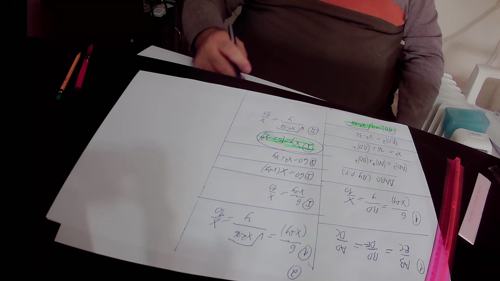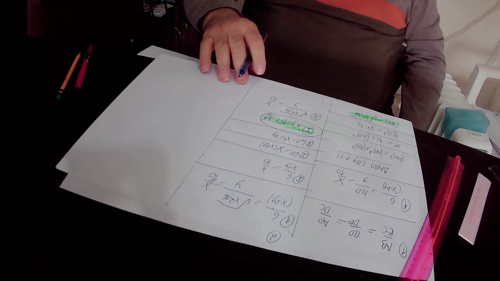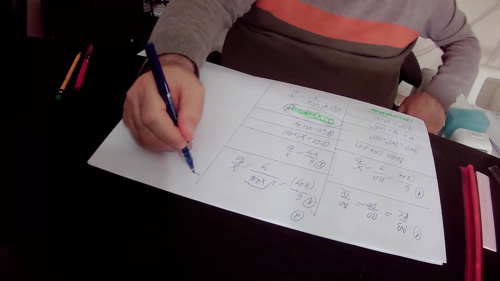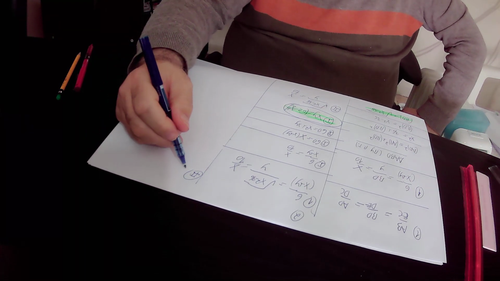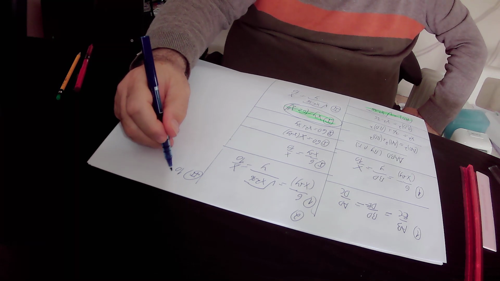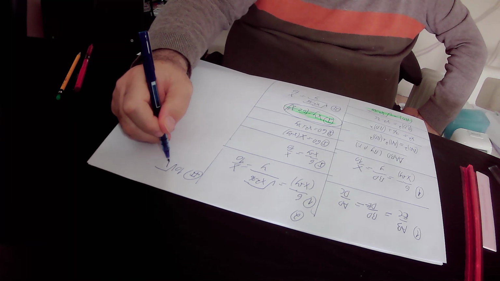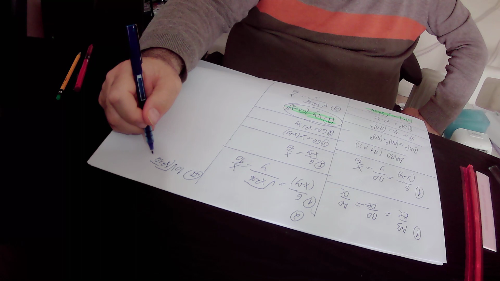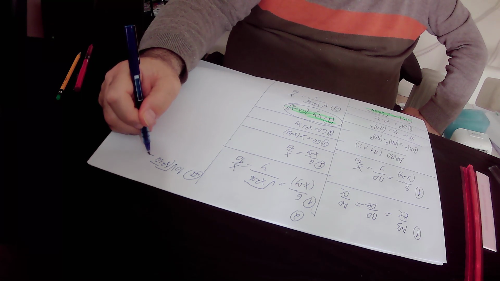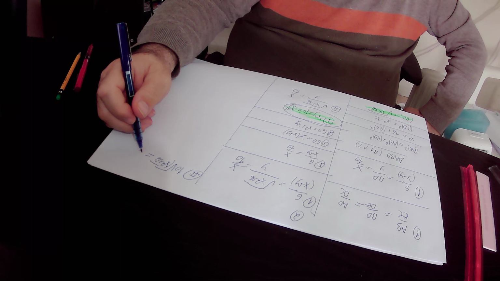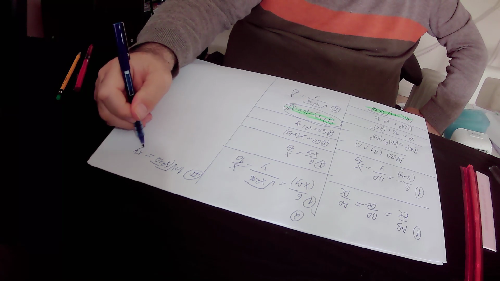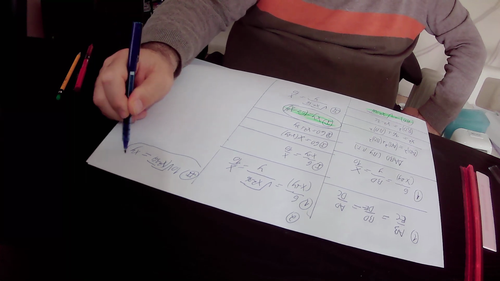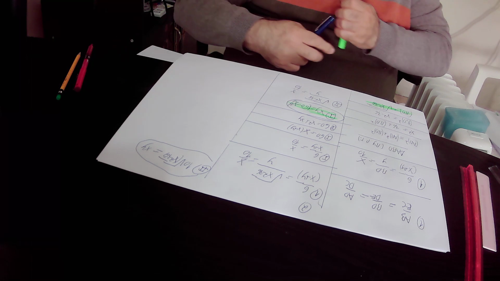Here we cross multiply equation number 2, and we get that 10 times the square root of x squared minus 36 is equal to xy.